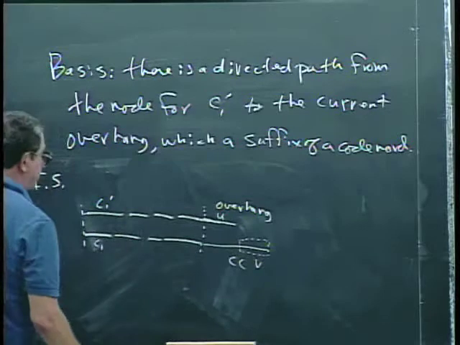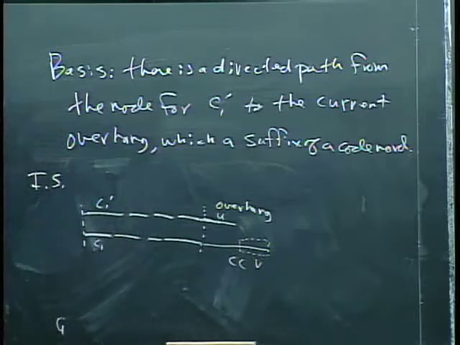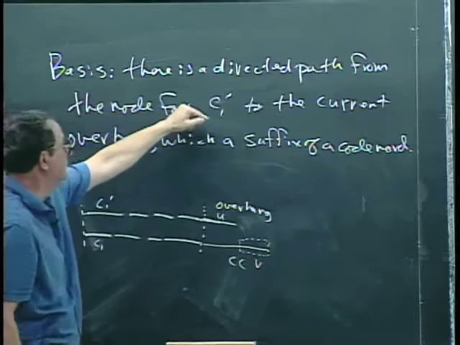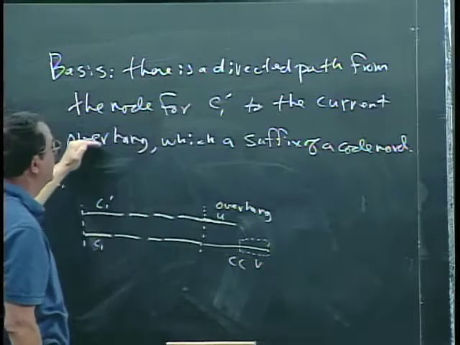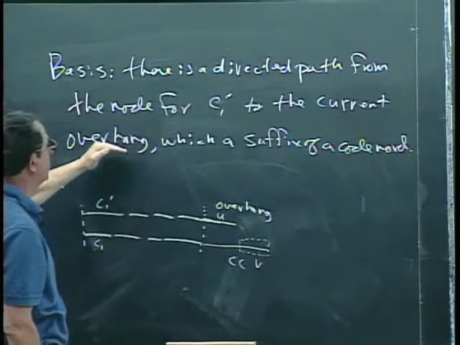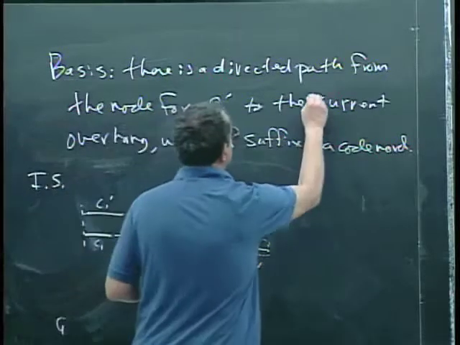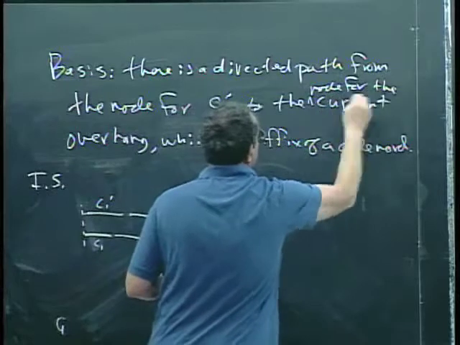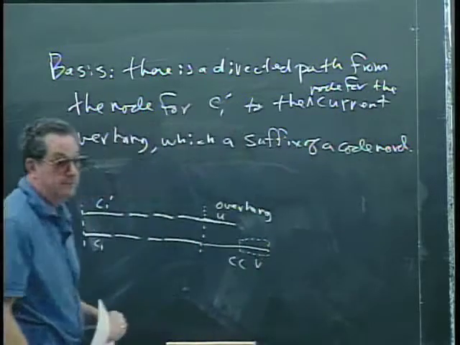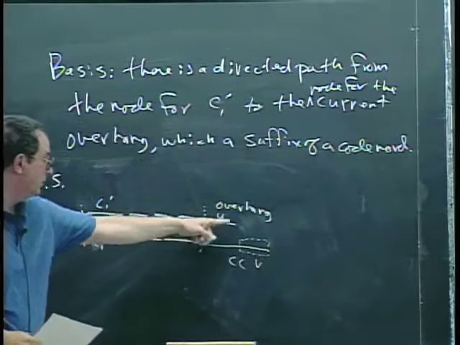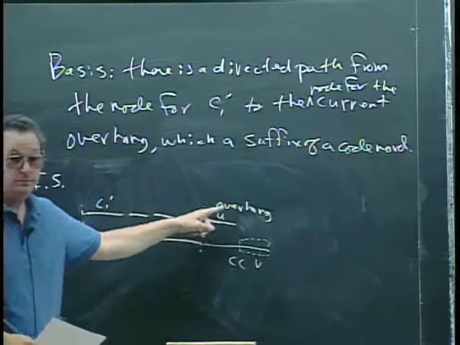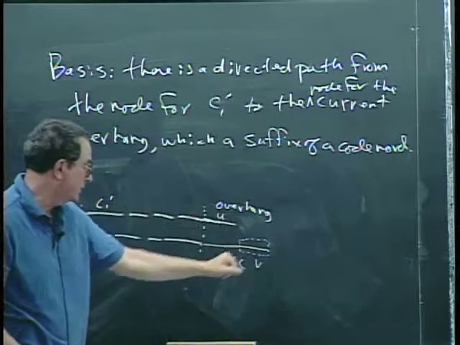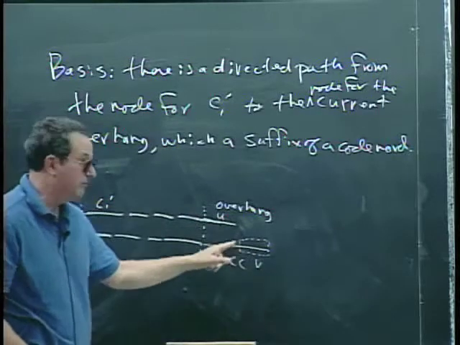Remember, inductively we have a directed path from the node representing C1 prime to the node for the current overhang. So the current overhang here is U. And here's the new code word CC, and a new overhang V.